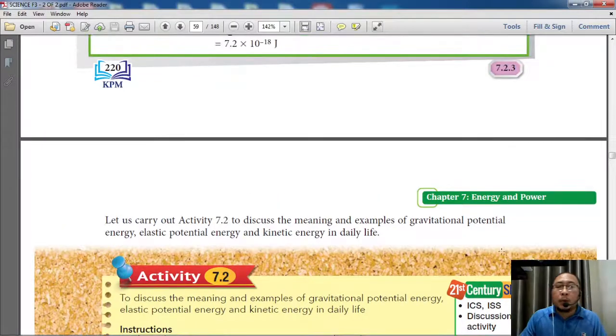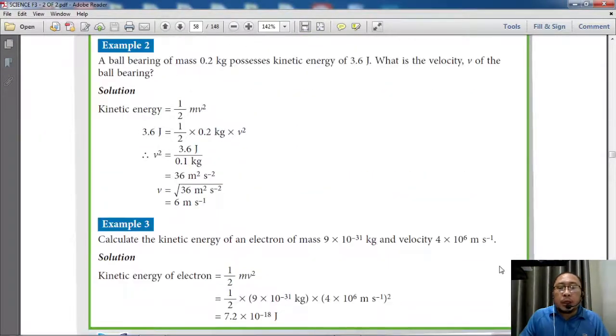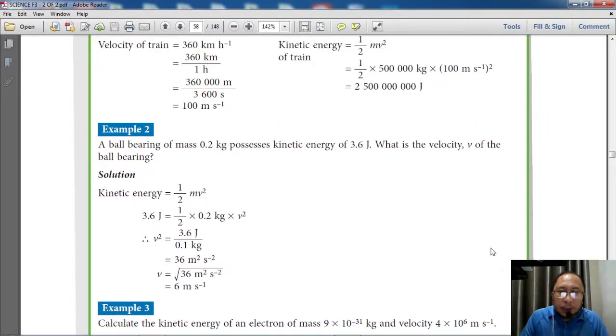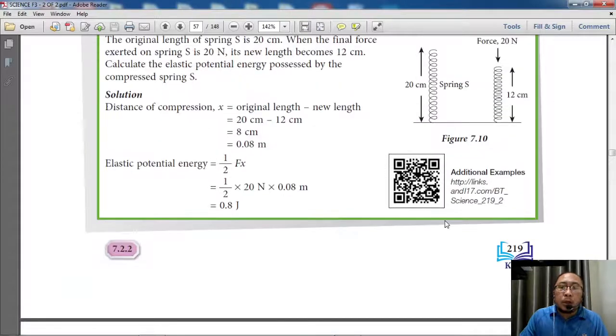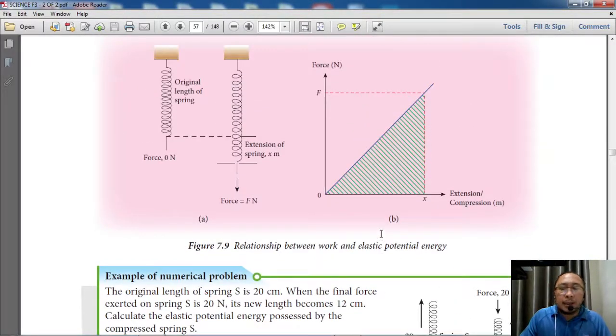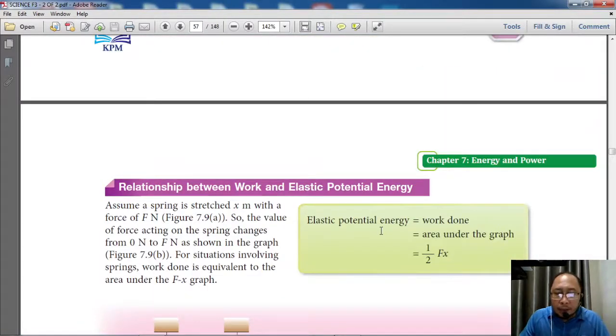Based on what we have learned, potential energy is divided into gravitational potential energy and elastic potential energy. After that, we discussed kinetic energy.